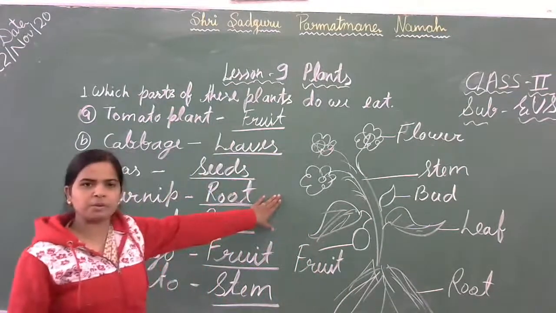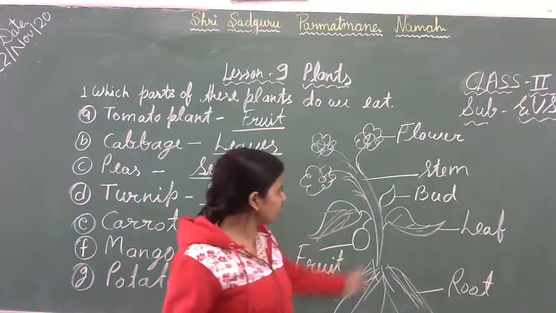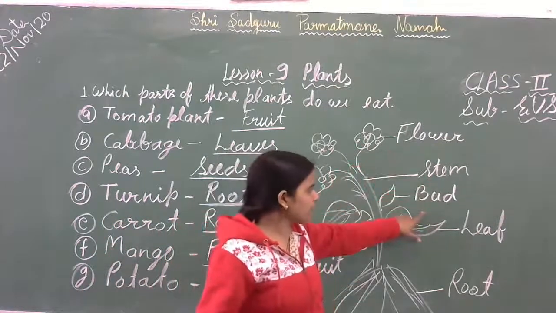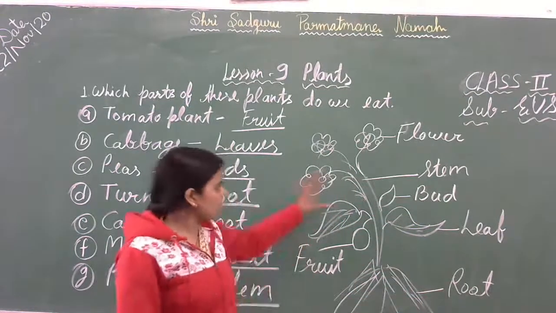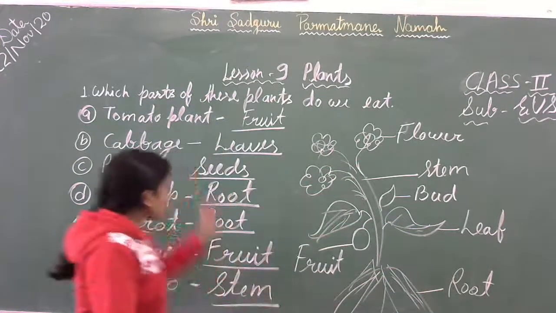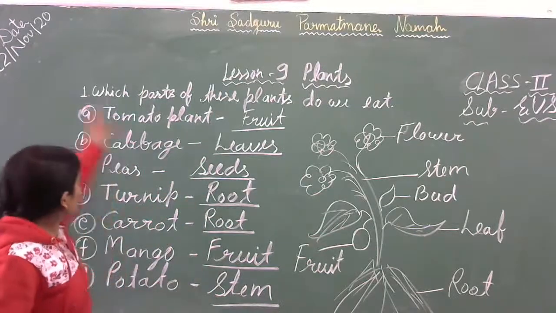So in the previous video, we discussed these parts: flower, stem, bud, leaf, root, and fruit. According to these parts, we write here the names of the parts.